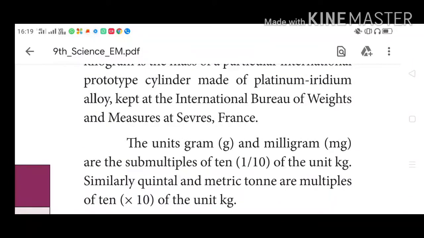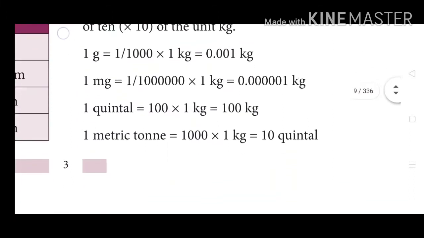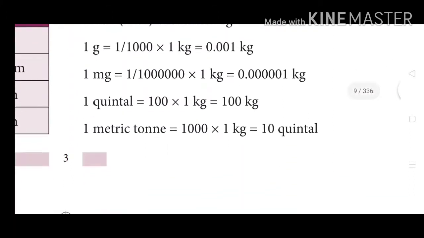The units gram and milligram are submultiples of 10, and quintal and metric tons are multiples of 10. Children, numerical values along with units are given. We can understand what is meant by gram, milligram, quintal and metric ton.